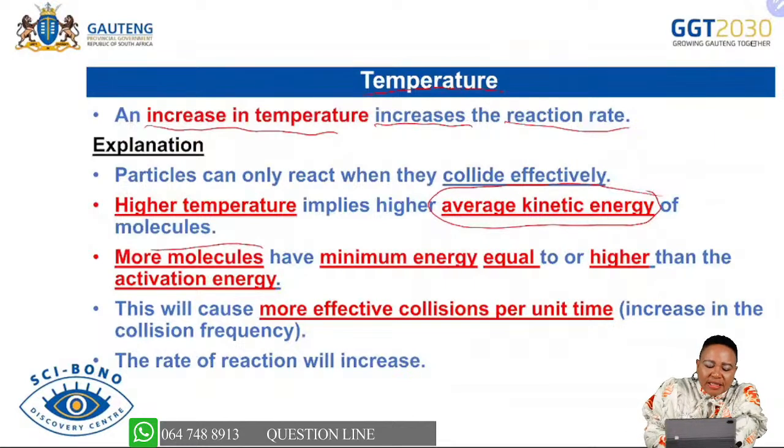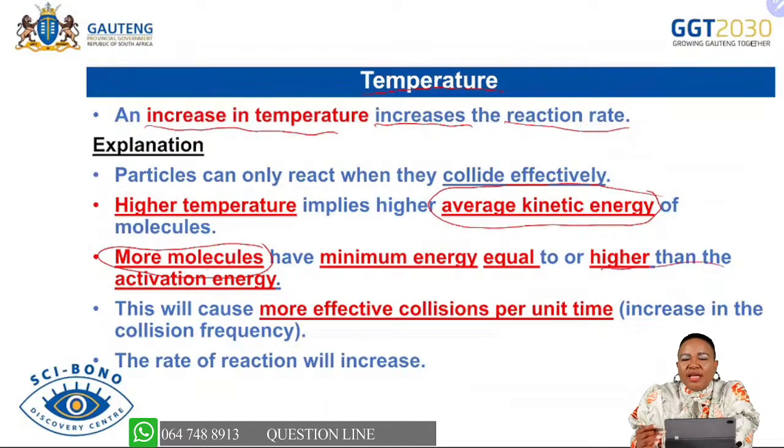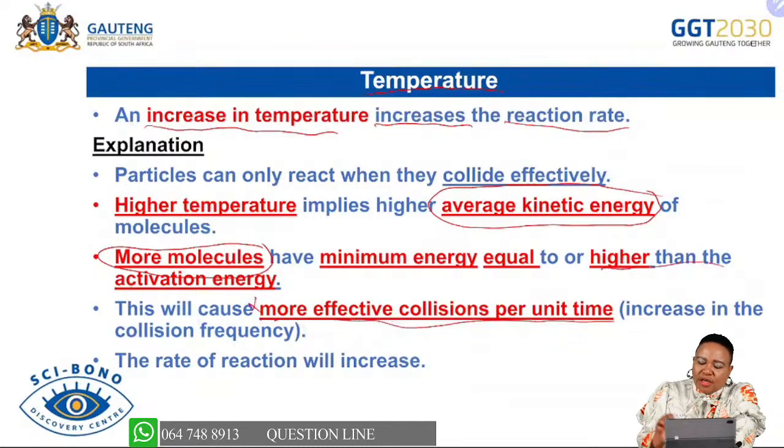And more particles or molecules have minimum energy which is equal to or higher than activation energy. So you can see that the second bullet is common in all the factors that affect the rate of reaction, and also the third bullet, which is more effective collisions per unit time, and the rate of reaction will increase.